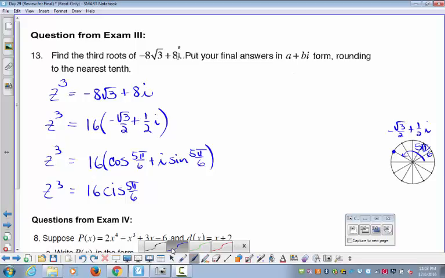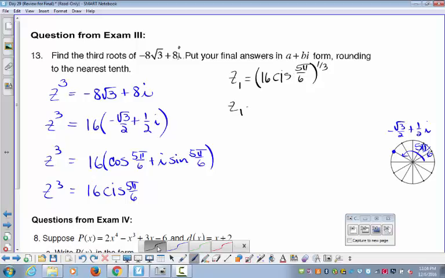Now, there are 3 answers. The first answer we're going to call z sub 1, the second answer z sub 2, the third answer z sub 3. The way we find that first answer is to write the right-hand side raised to the 1/3 exponent, and then apply de Moivre's theorem.